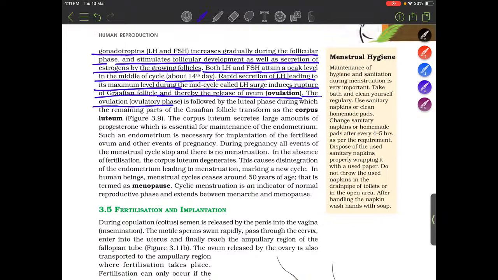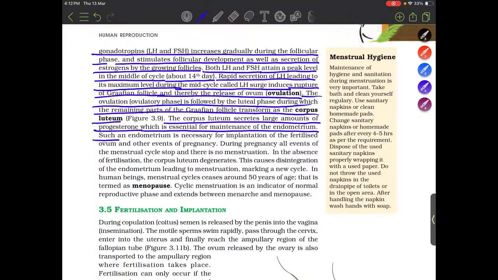The ovulatory phase is followed by the luteal phase, during which the remaining part of the Graafian follicle transforms into the corpus luteum. The corpus luteum secretes a large amount of progesterone, which is essential for maintenance of the endometrium.